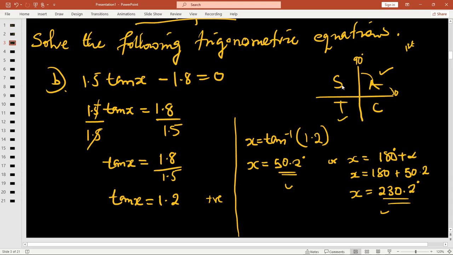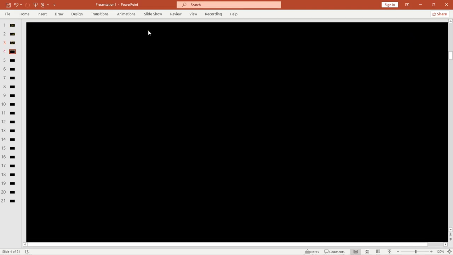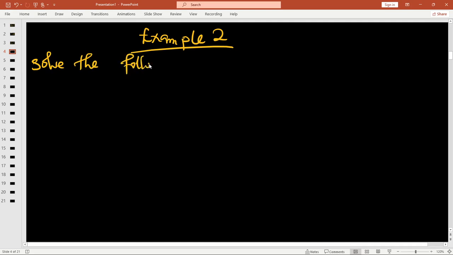Okay, let's look at examples now on case 2. So I'll just go to the next page. So we have example 2. Solve the following trig equations.